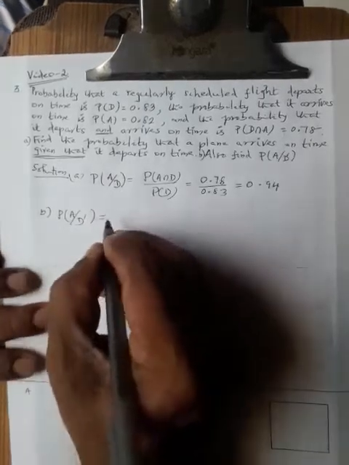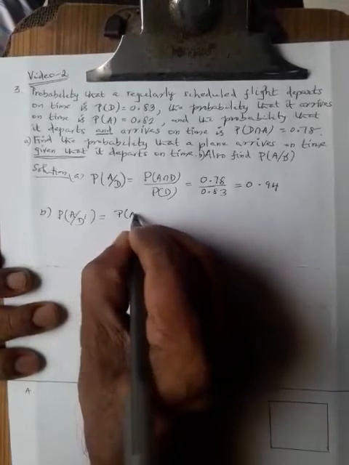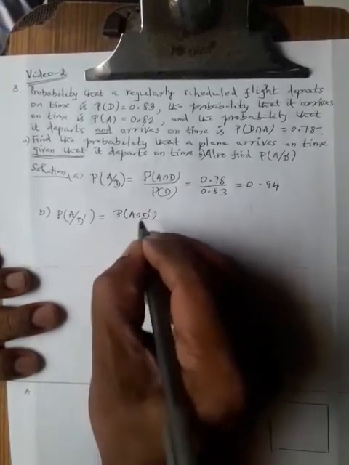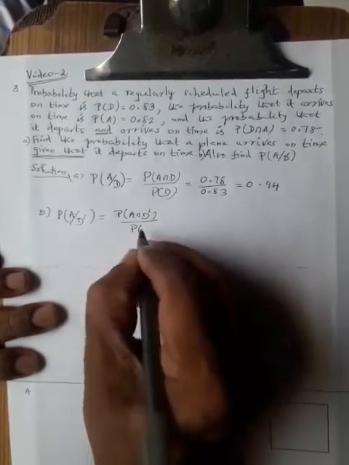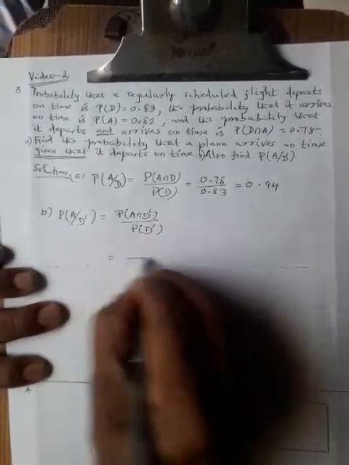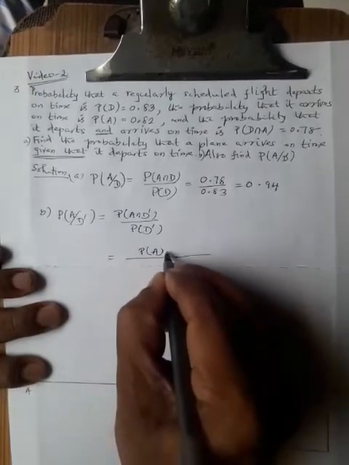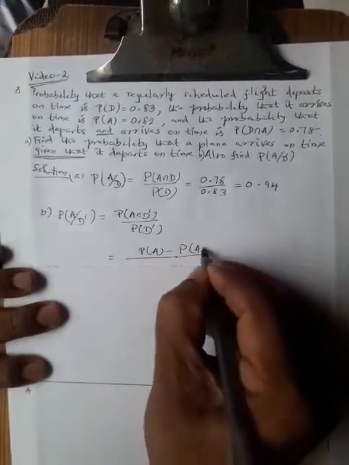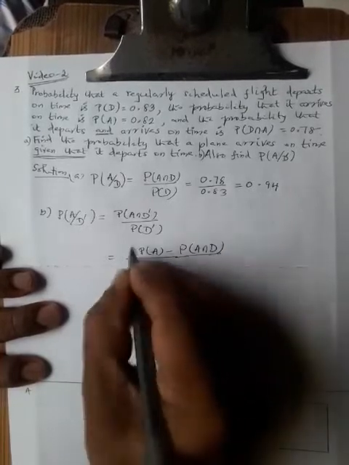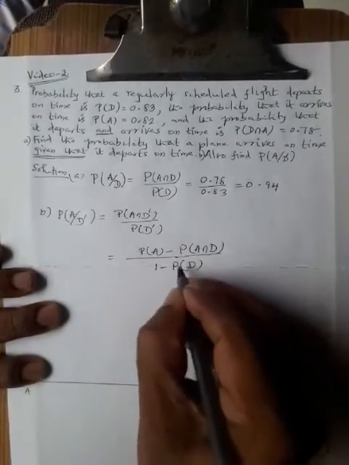So P of A given D dash, once again the conditional probability formula is P of A intersection D dash divided by P of D dash. We know the formula for P of A intersection D dash as P of A minus P of A intersection D. P of D dash is 1 minus P of D.